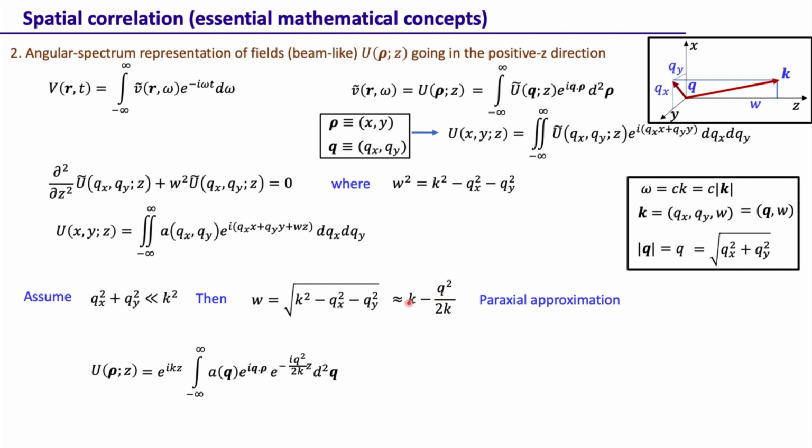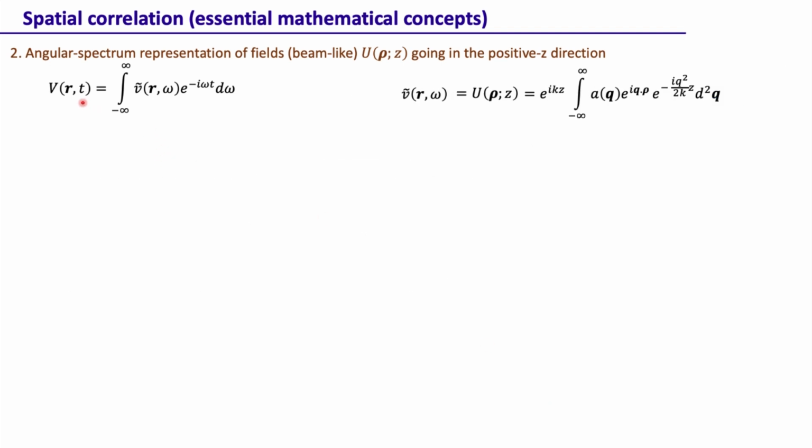So this k and z gives me e to the i k z, that comes out, and this q square by 2k comes here. So it's e to the minus i q square by 2k z. So this is the form of the field u rho z, which is propagating along the positive z direction, and which is within the paraxial approximation.